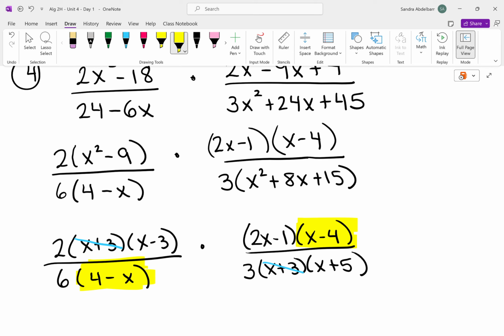Zoya? You can take out a negative. Doesn't matter which one you take out a negative from. What I'm going to do, because I always like to assign the negative to the numerator, I'm just going to pull out a negative here and then cross these out. It really does not matter which one you pull a negative from.